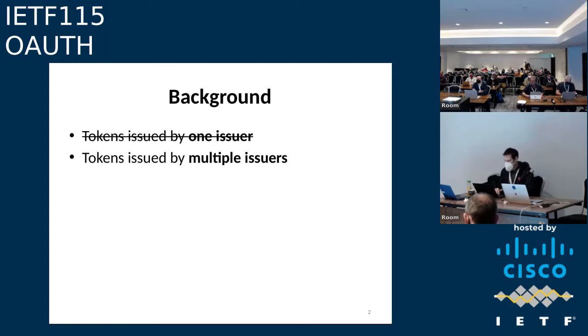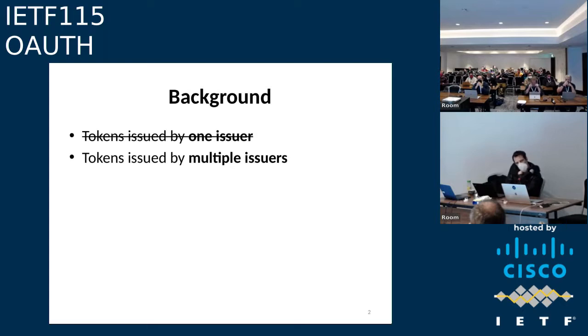Just some background. When we started working on this, we had a number of use cases, and those use cases fell into two different categories: use cases that require issuing multiple tokens from multiple issuers, and use cases that require issuing multiple tokens from one issuer.